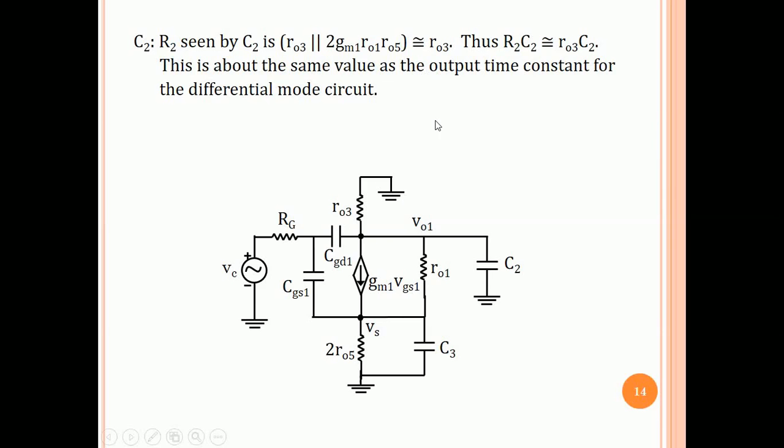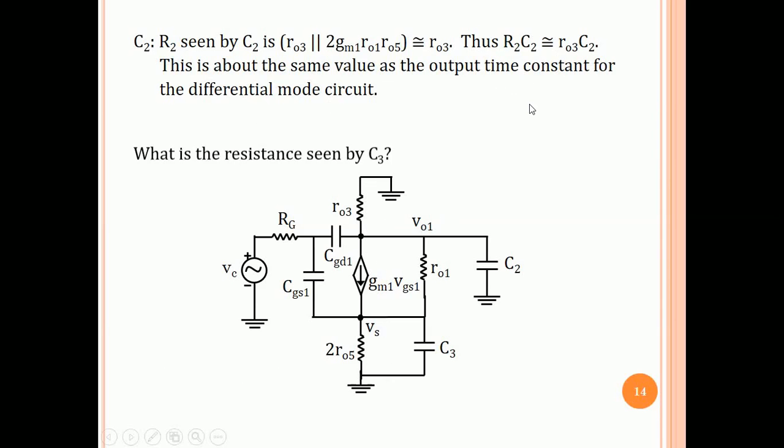And so the output time constant is RO3 times C2. This is about the same time constant as the output time constant for the differential mode circuit, because there the resistance was RO3 parallel RO1, so that time constant was slightly smaller. This is a factor of 2 larger than the differential mode circuit.